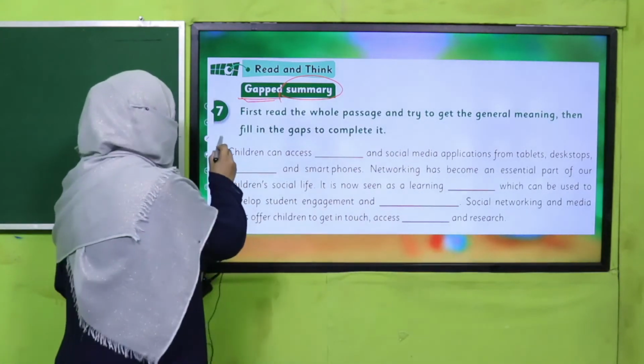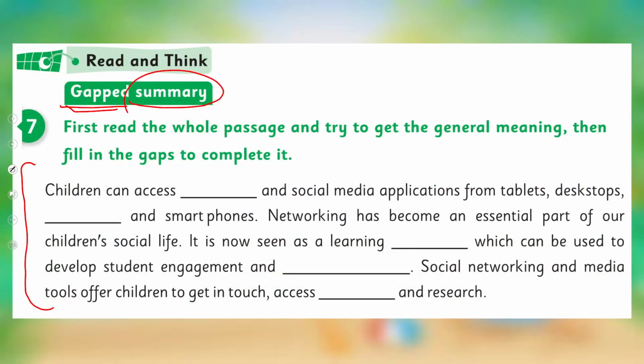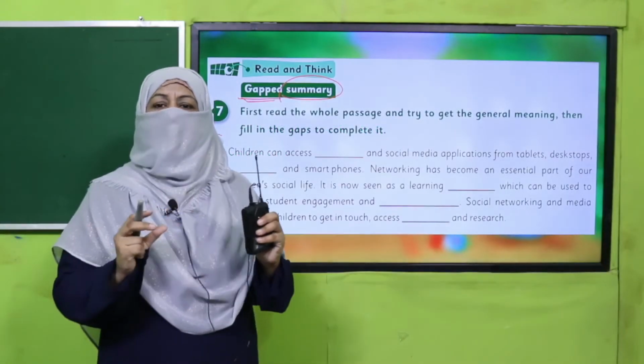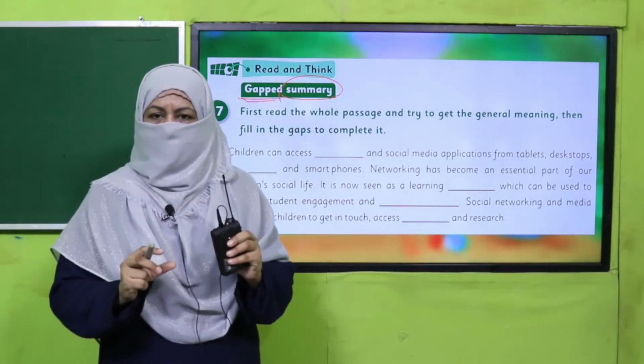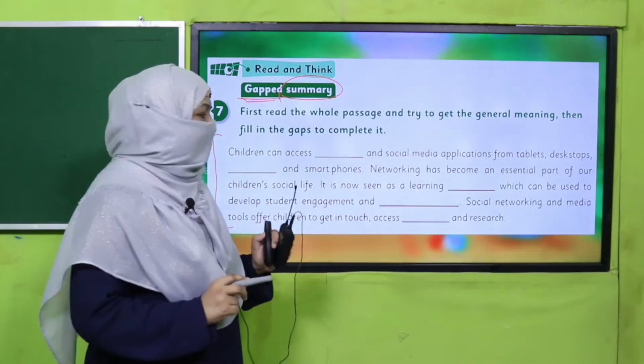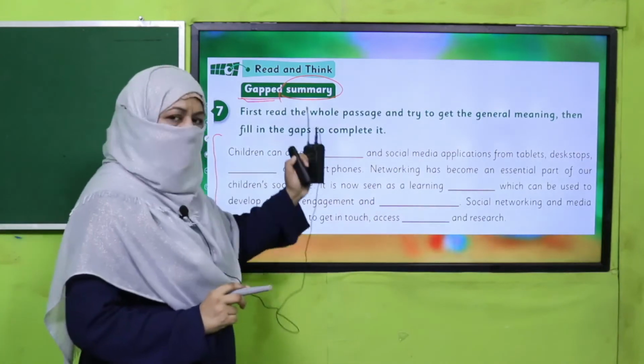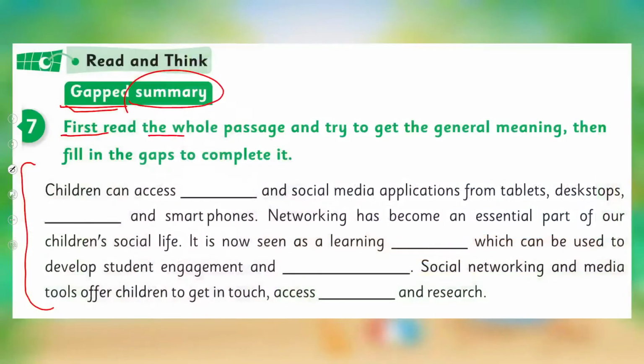So this paragraph is basically a small version, a summary of the text we read in this unit, the technologies. You will read the text. First, read the whole passage and try to get the meaning. First, you will understand the text and then fill in the gaps to complete it.